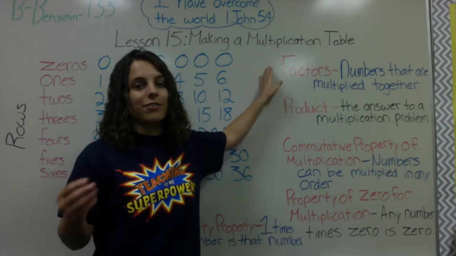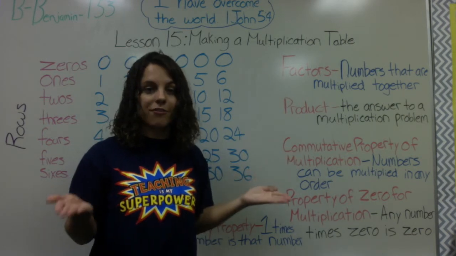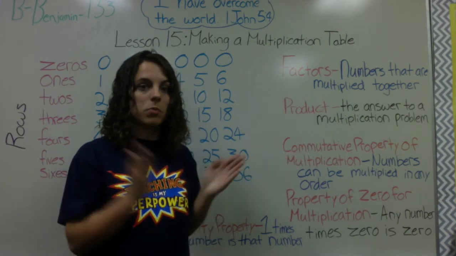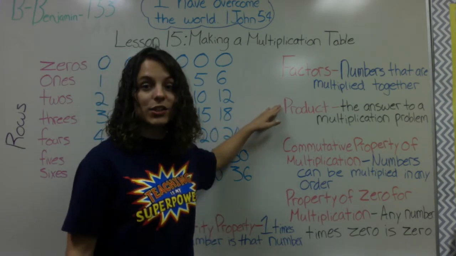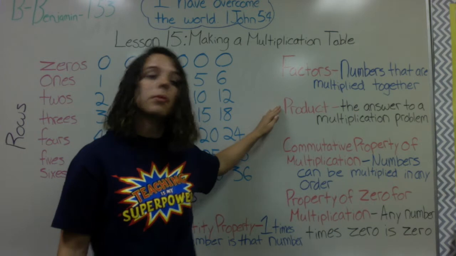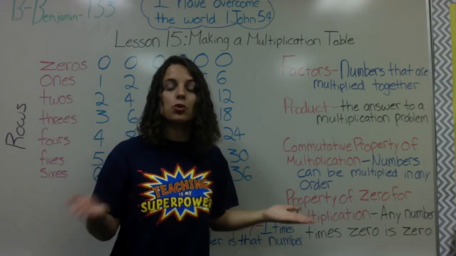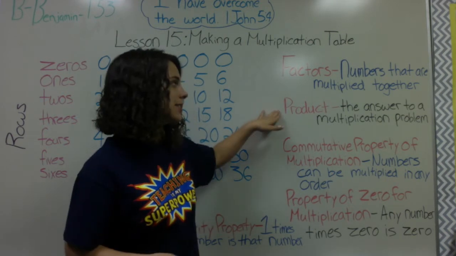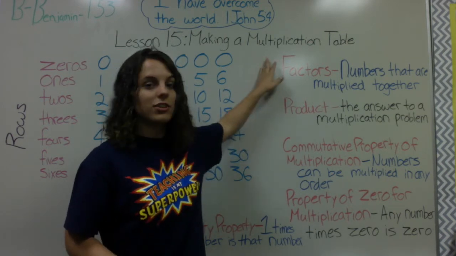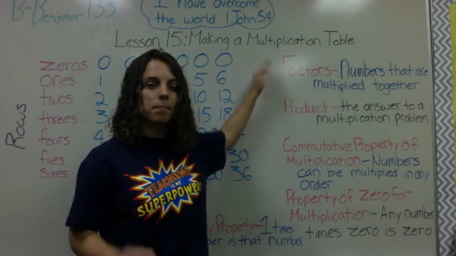So if I have 6 times 4, 6 and 4 are factors. They are being multiplied together. The product is an answer to a multiplication problem. So 6 times 4 is 24. 24 is the product of those two numbers. So product is the answer. The factors are numbers that are multiplied together. They are the numbers in the problem.